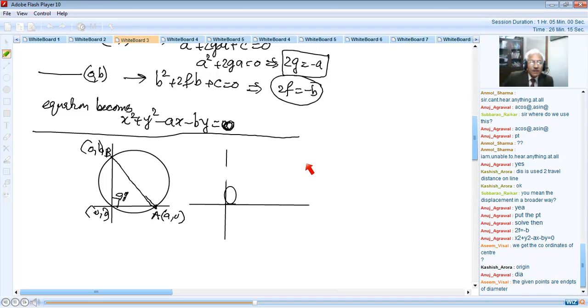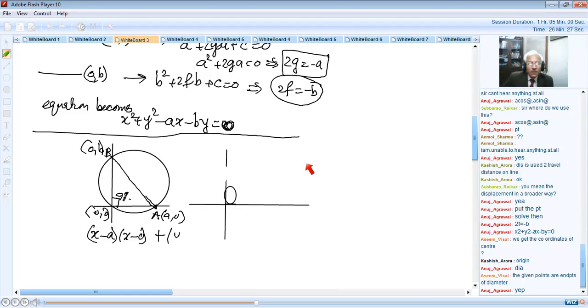Therefore, you could have used the diameter form. The diameter form of the equation is (x minus a)(x minus 0) plus (y minus 0)(y minus b) equal to 0. That gives x square minus ax plus y square minus by equal to 0. That would give you the same equation, x square plus y square minus ax minus by equal to 0.